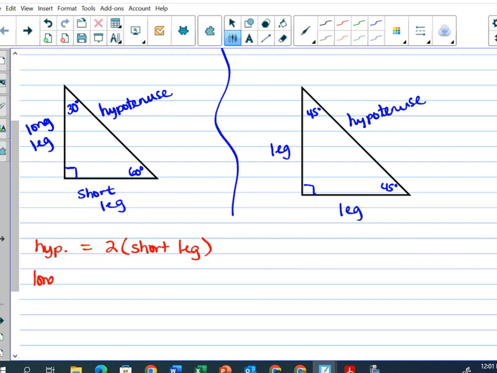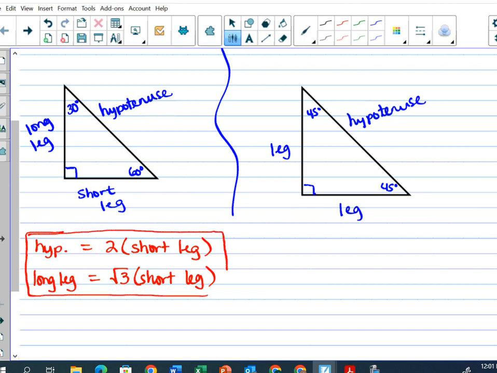And the long leg is equal to root 3 times the short leg. You need to know that. You can always then substitute in whatever you know and find the missing part.